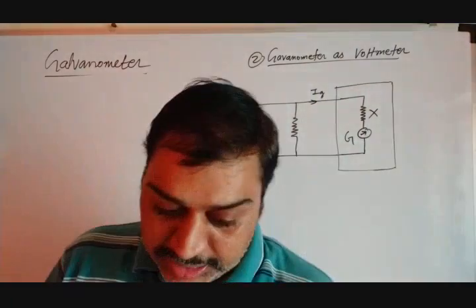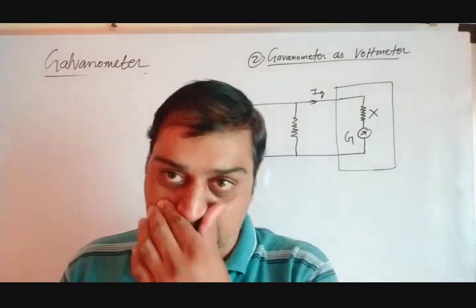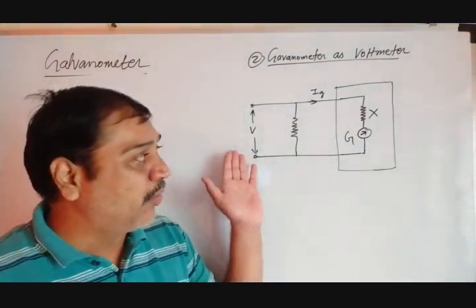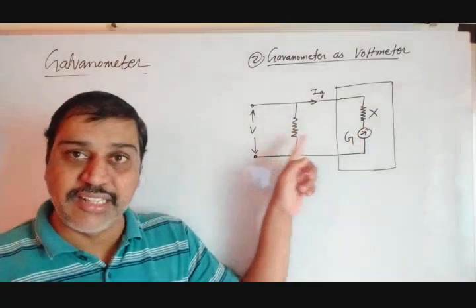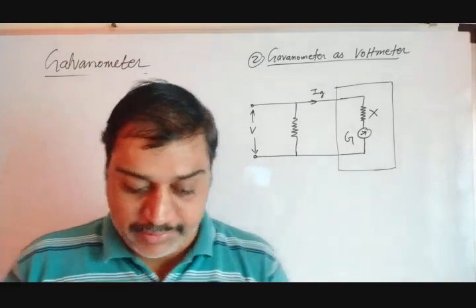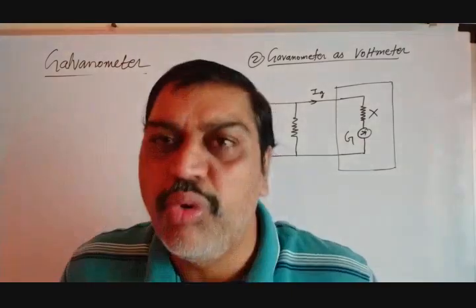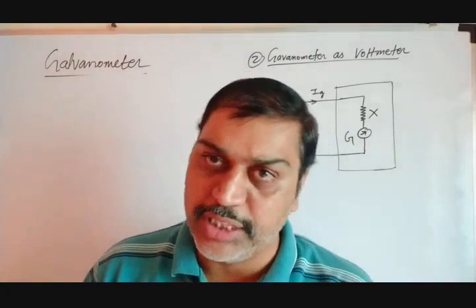The third one: it must be protected from some losses. Suppose some higher voltage is applied, how will it be protected? By using this resistance connected in series, we can protect the galvanometer. This is how a galvanometer can be converted into a voltmeter to measure voltage or EMF.